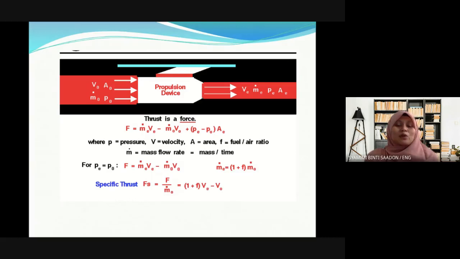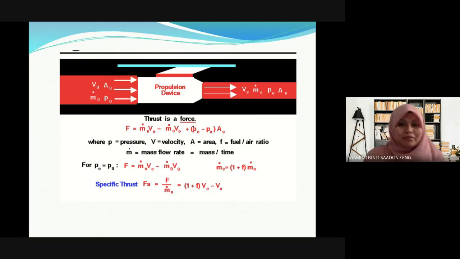Sometimes PE is higher or lower than the ambient pressure, so there are different case studies.